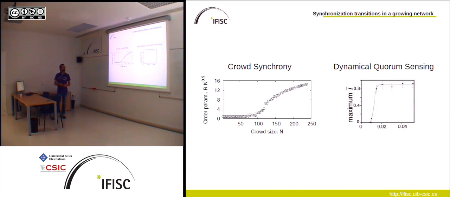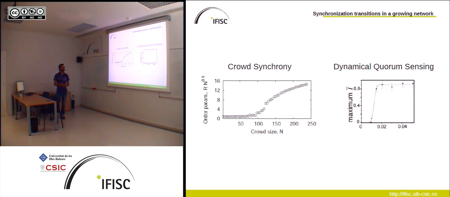So in the case of dynamical quorum sensing, the main difference is that below a critical value of the density of elements, here it's not written, but it could be the density or the number of oscillators in our system, oscillations and synchronization occur simultaneously.